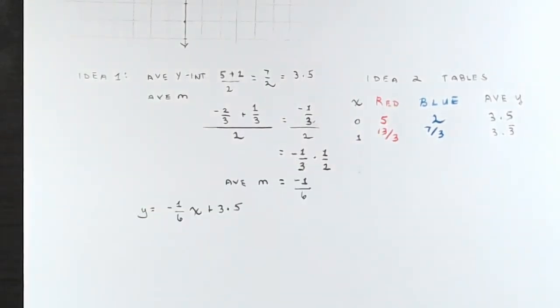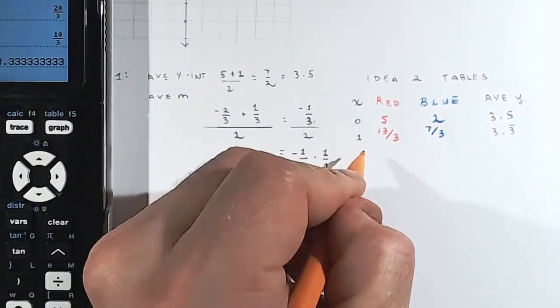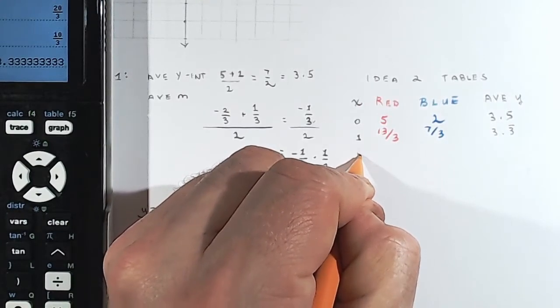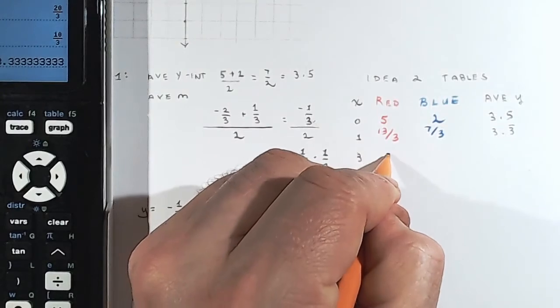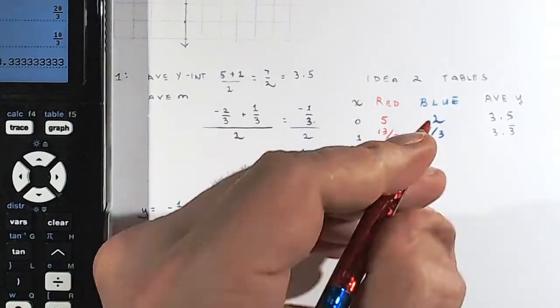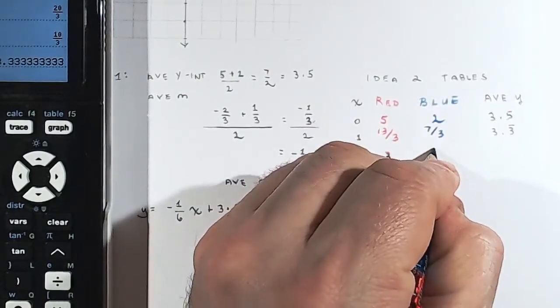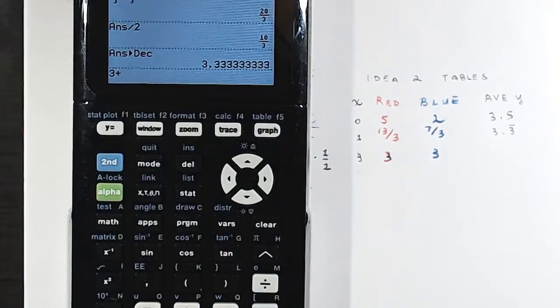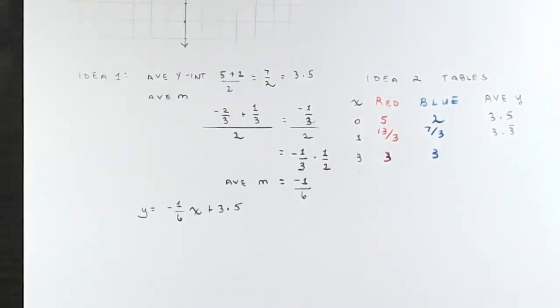You know what would be interesting is to see if it will pass through at 3. When x is 3, we know that both of our equations have y values of 3. And so the average of 3 plus 3 divided by 2 is 3. Okay, so the average value would be 3.